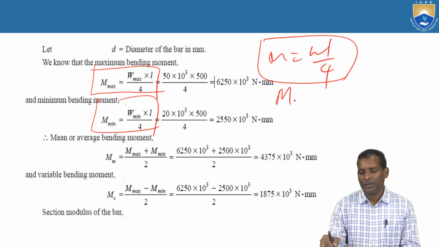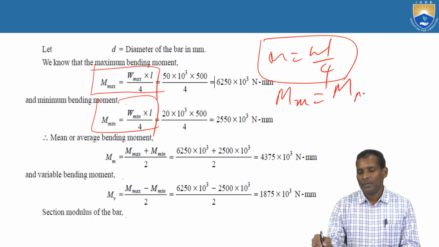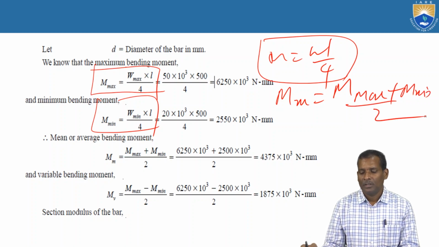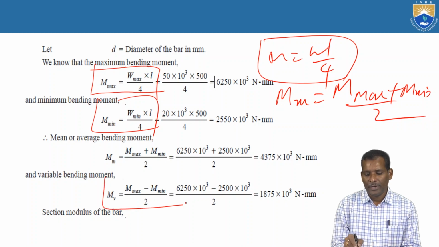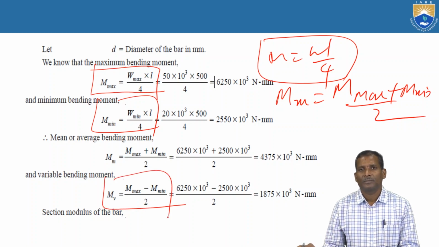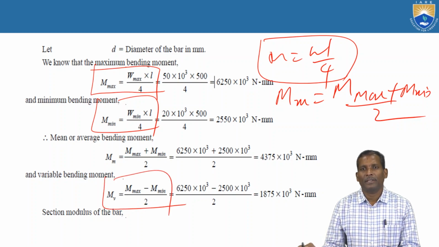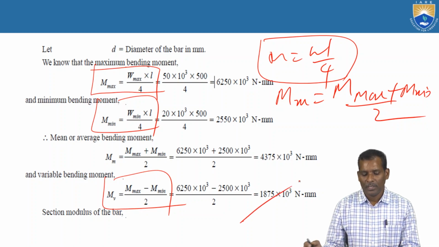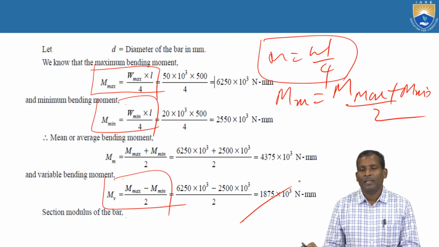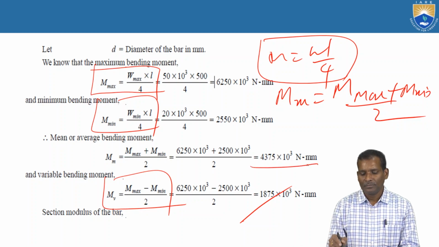The mean bending moment is bending moment maximum plus bending moment minimum by 2. Similarly, the variable bending moment is maximum minus minimum bending moment upon 2. So here you have calculated the mean bending moment and variable bending moment.